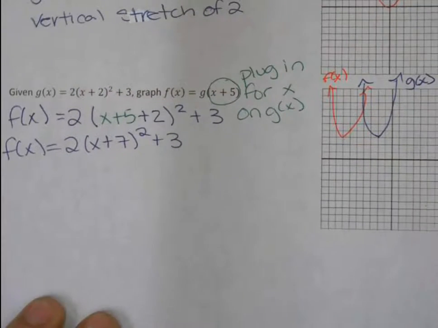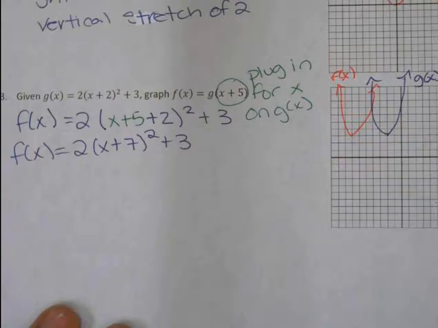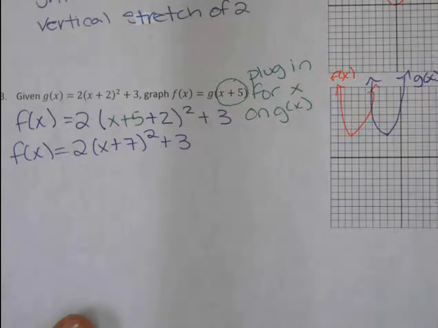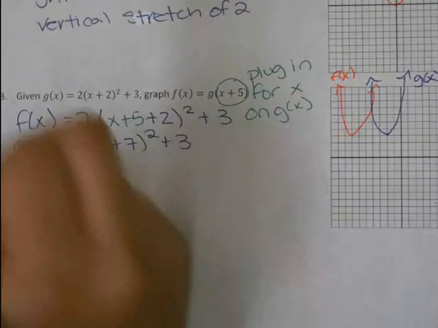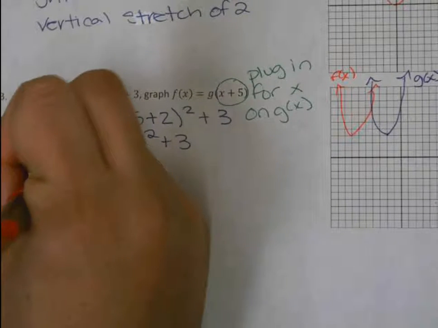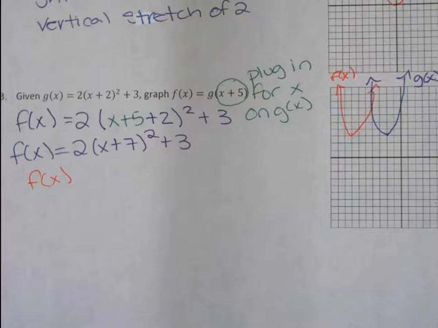How is the red graph different from the blue graph? Okay, besides the color, is there something different about where they are on the graph? How is the red one different than the blue one?